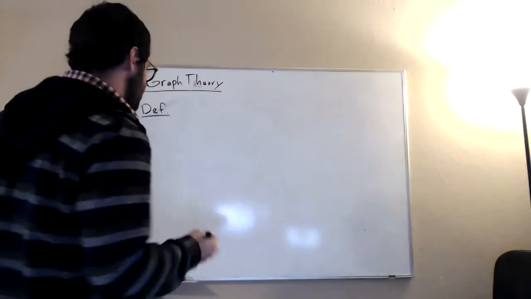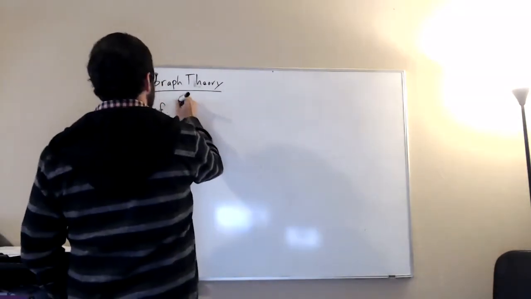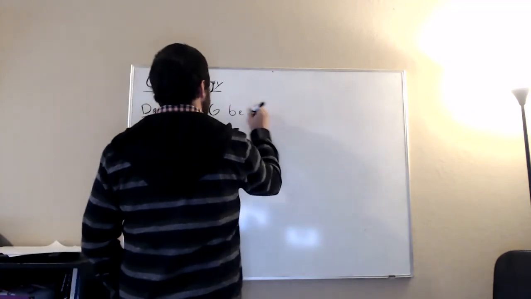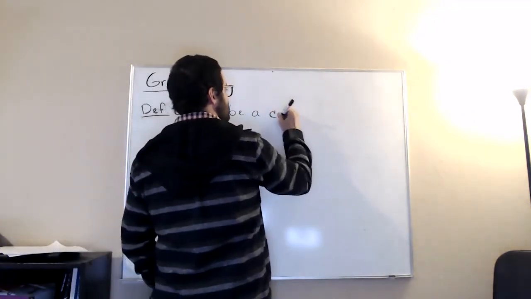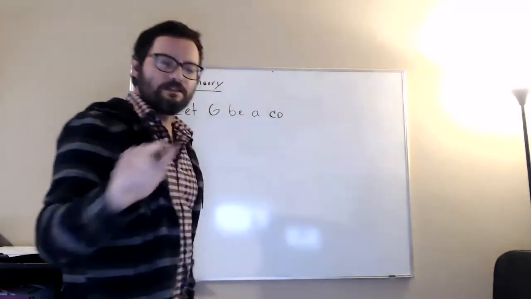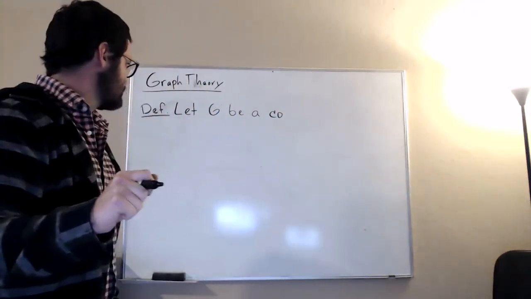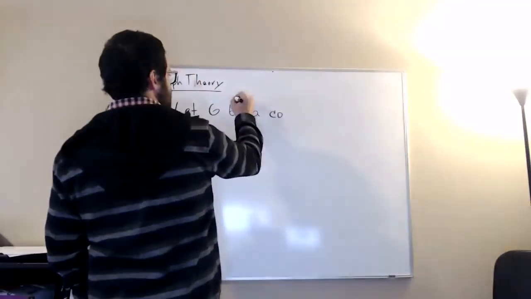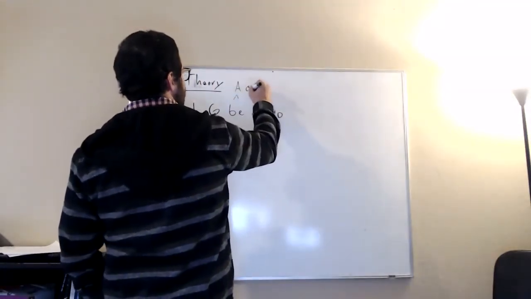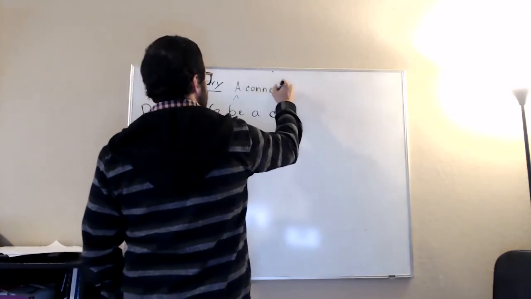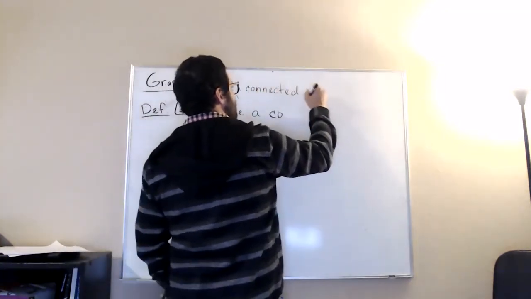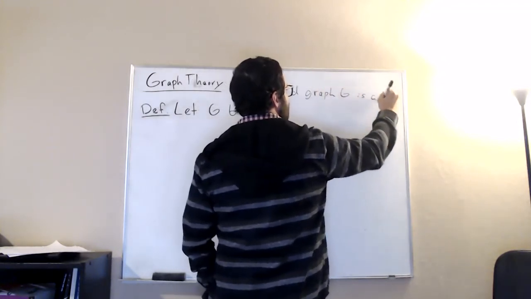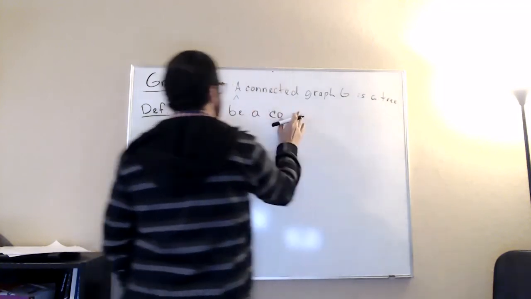Okay, another definition. So let G be a connected graph. Oh, in the definition of a tree, I shouldn't have erased that. So in the definition, it should say a connected graph G is a tree if it contains no cycles.